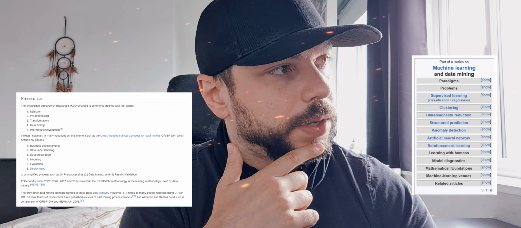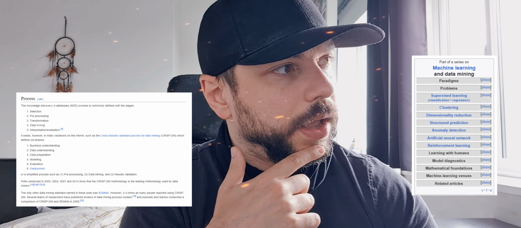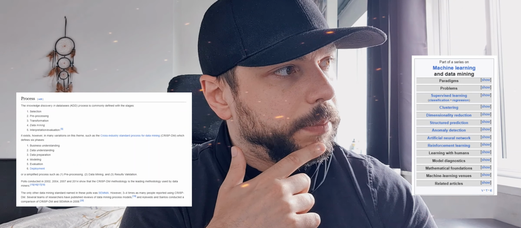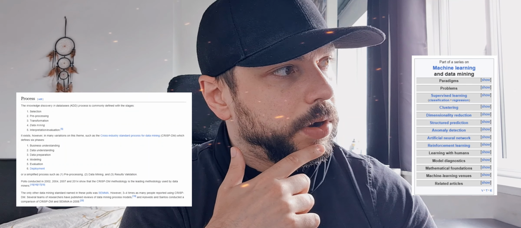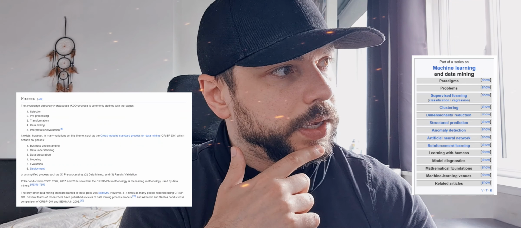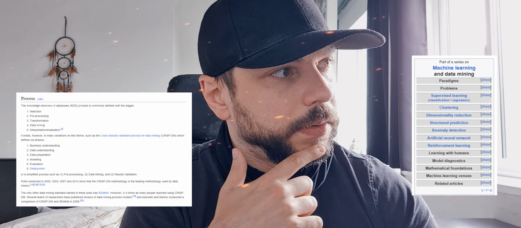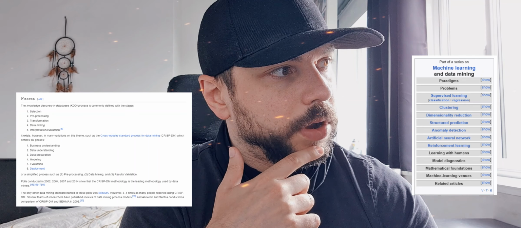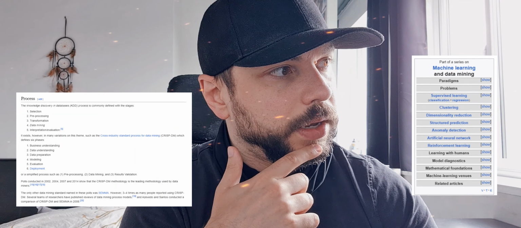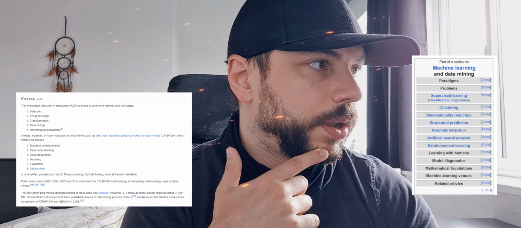Once we touch on the process, that would be knowledge discovery in databases. The KDD process is commonly defined with these stages: selection, pre-processing, transformation, data mining, and interpretation or evaluation, which include 5 steps.